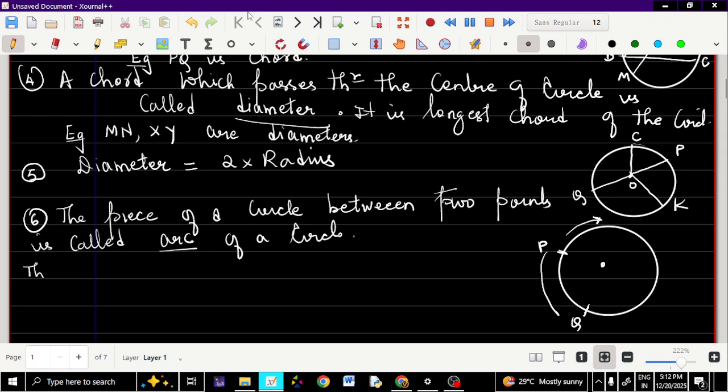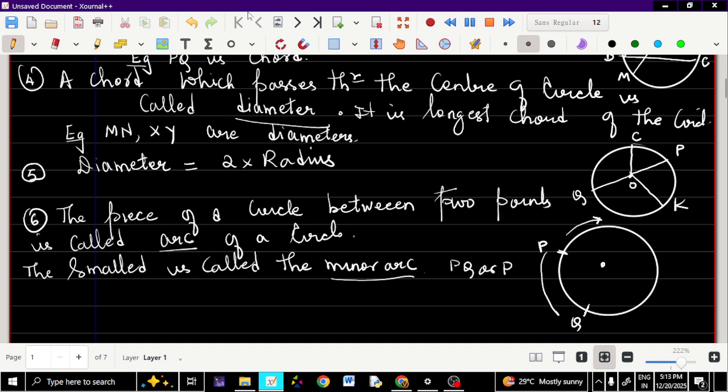So there are two arcs. The smaller arc is called the minor arc, which is denoted by arc PQ or usually by this notation. And whenever you are denoting a bigger arc PQ, you will mark a point on the bigger side, let's say R, and the bigger arc will be denoted as arc PRQ.